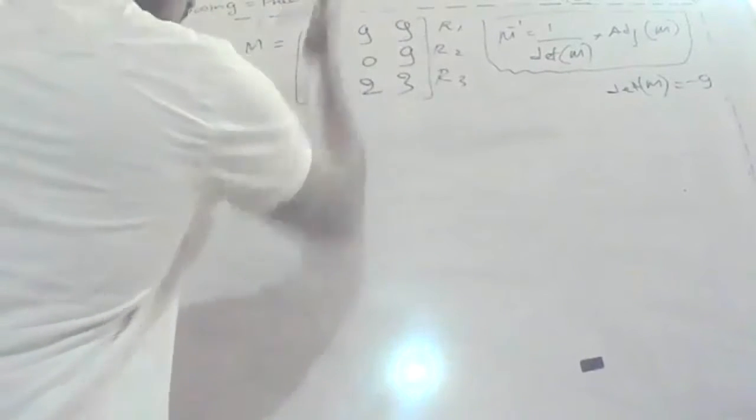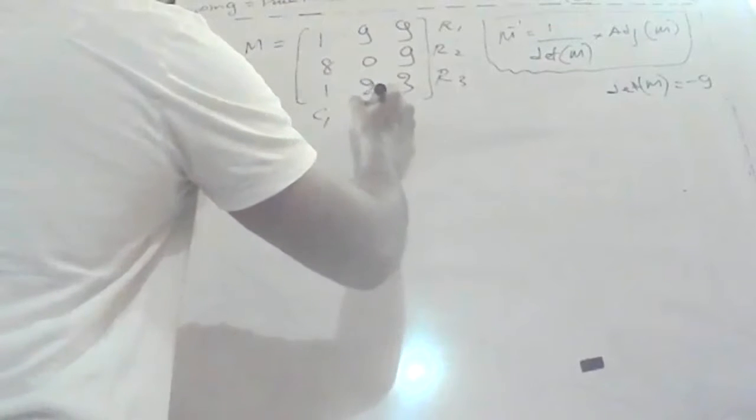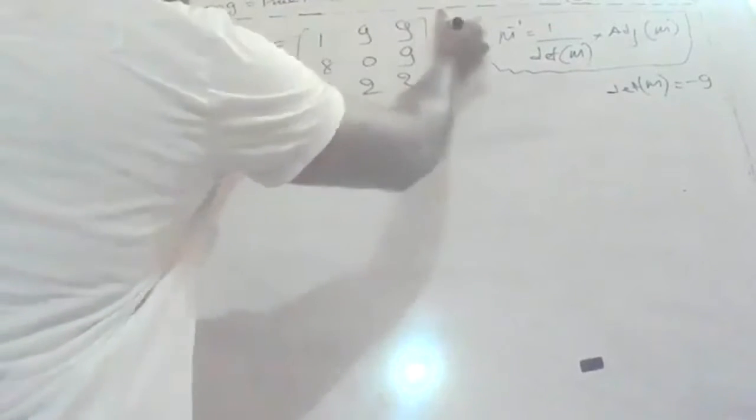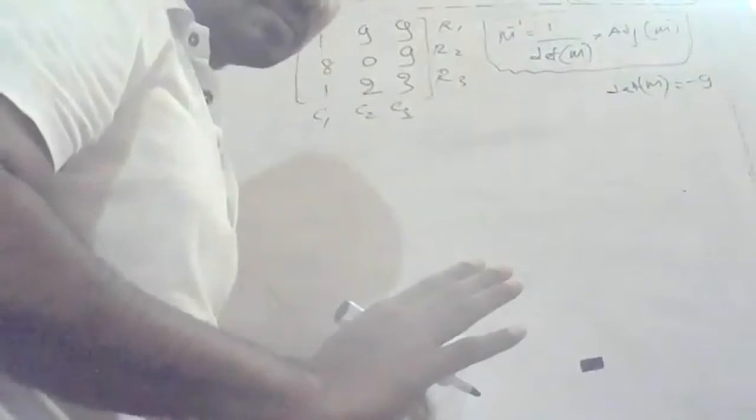Column 1. Columns are always vertical, right? Column 2, column 3, row 1, row 2, row 3. Something like a coordinate system. Now the next guy. What is the thing you have to do?